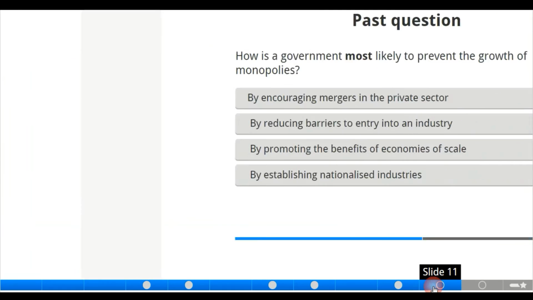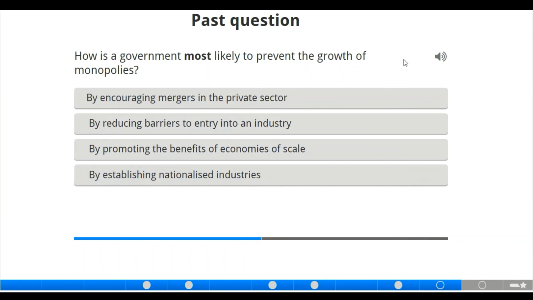Moving to the next slide, we still have one past question here. How is the government most likely to prevent the growth of monopoly? That is the growth of one seller in a market. Now, by encouraging mergers in the private sector. Do you remember merger? It is the coming together of two or more firms.